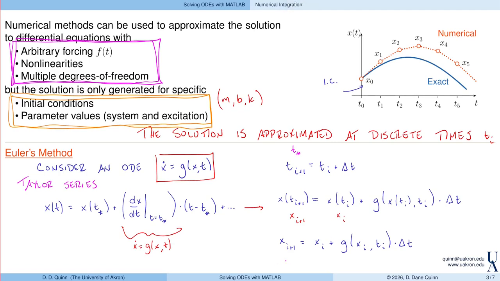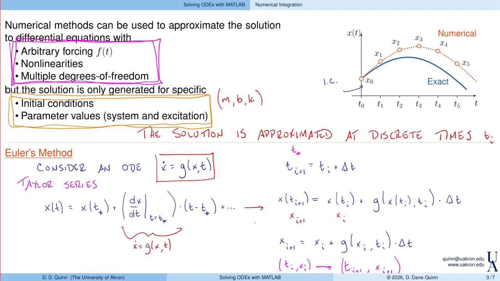Given a current time and a current position, x of I, we can use this. This is again Euler's method to find t of I plus 1, because that's just ti plus delta t, and then the new solution.